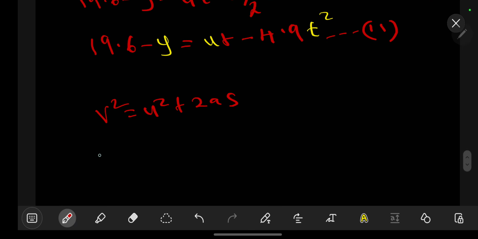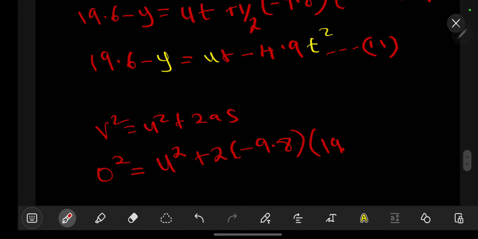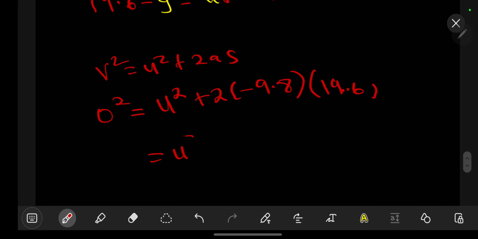So 0 squared equals our initial, which we don't know, so u squared, plus 2 times the acceleration. We put a negative 9.8, since it was pushed up, meaning gravity acts in the opposite direction. Then our s is equal to 19.6.